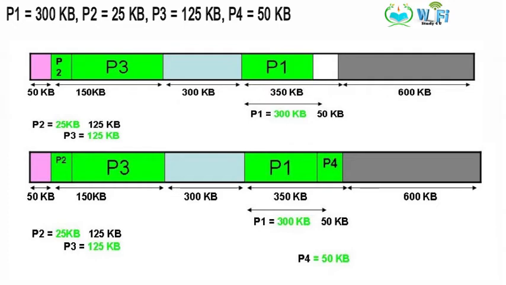Please see carefully: P1 is 300, P2 is 25, P3 is 125 and P4 is 50. All processes occupy the main memory here.